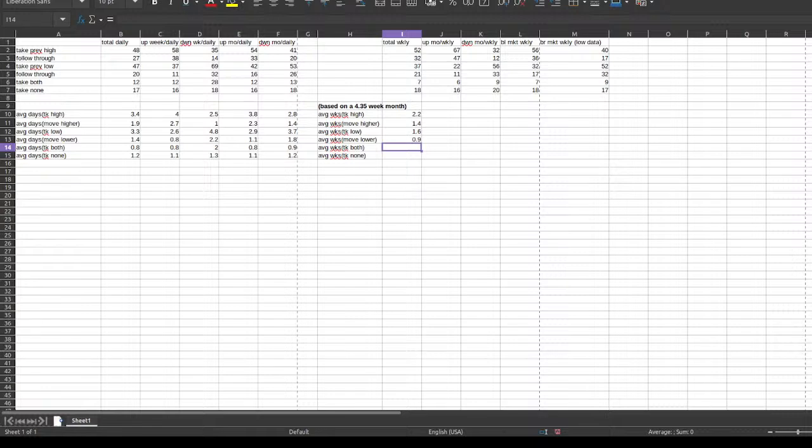And then average weeks to take both, that's 7%. That was actually a very low data one.